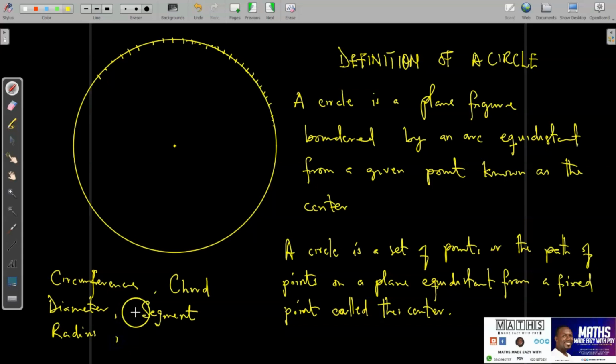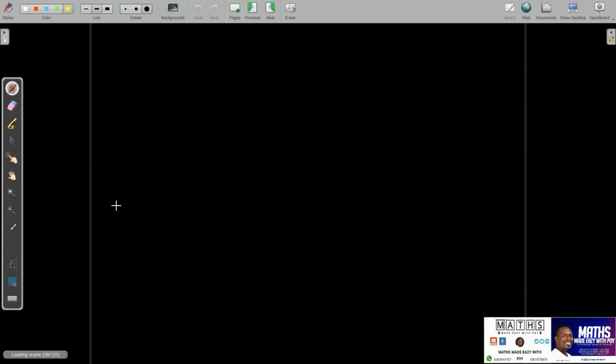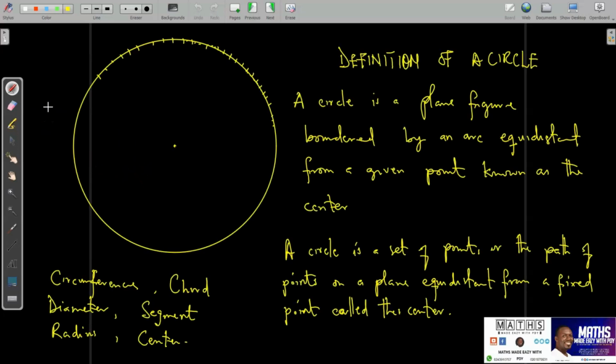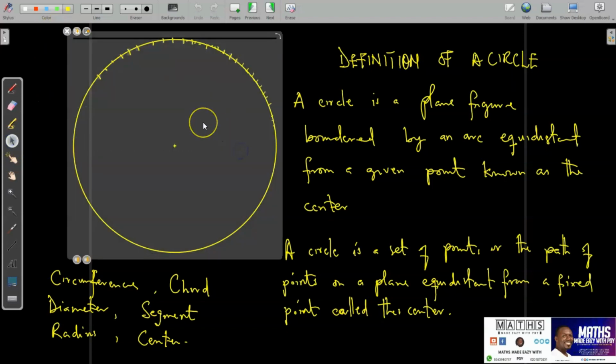We have the radius, and then we also equally have the center. They are a lot. So going to my next screen, maybe for a bonus for you, one thing I want you to notice, let me just copy the circle and then we just use it again.